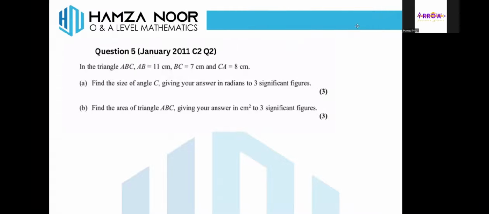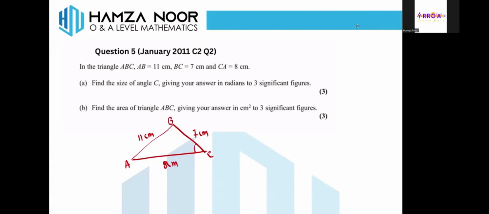First things first, let's make a sketch over here. Making a sketch is not a requirement, but if you make a sketch, things become easier to comprehend. So we have a triangle ABC, where the length of AB is 11 centimeters, BC is 7 centimeters, and CA is 8 centimeters, and we just need to find the size of the angle C. So we are going to use the cosine rule.